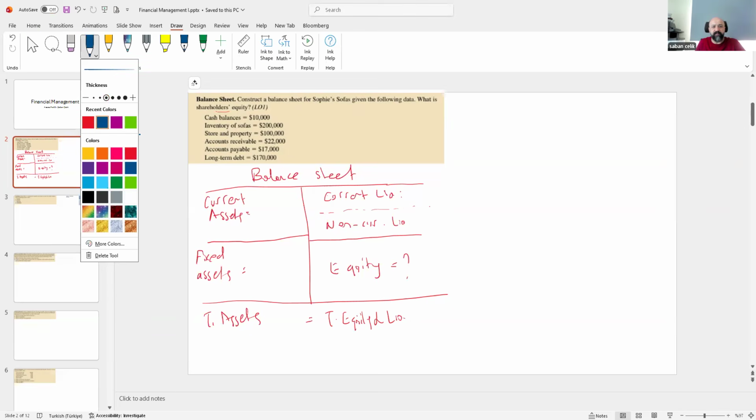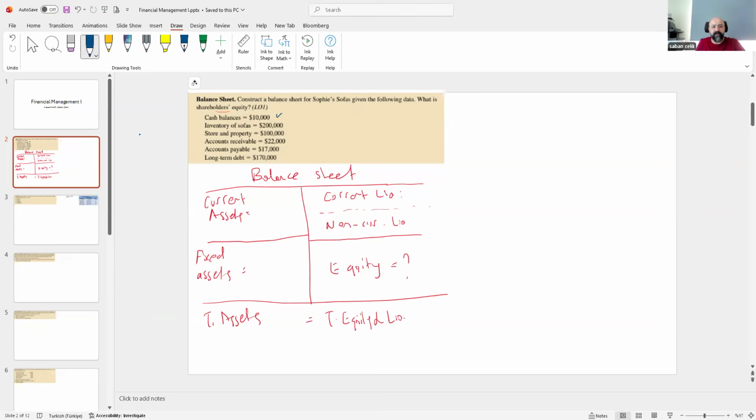Cash balances will be current asset, which is 10,000. Inventory will be current asset, 200. Store and property, which is fixed asset, 100,000. And account receivable, which is a current asset, 22,000.